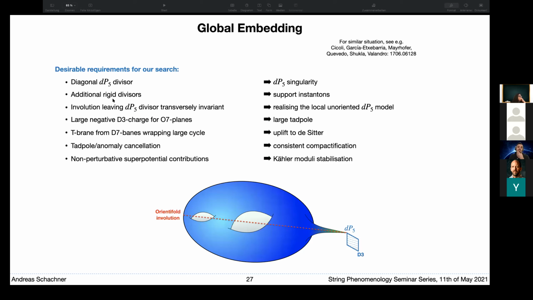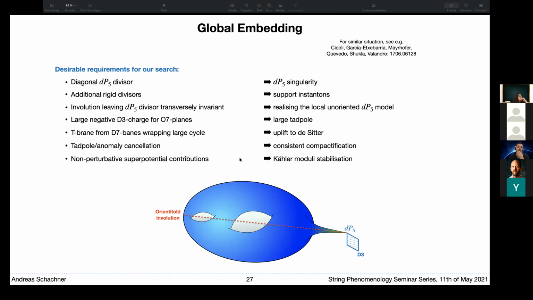Furthermore, we need a few rigid divisors in order to support instanton effects that are necessary to stabilize Kähler moduli. And also the involution needs to leave our dP5 divisor transversely invariant.